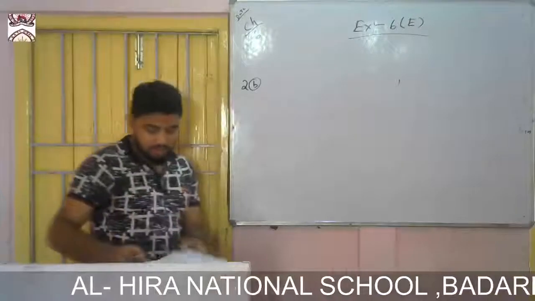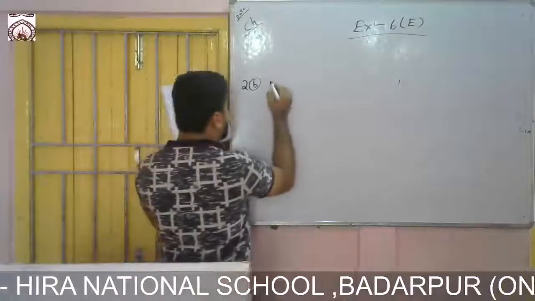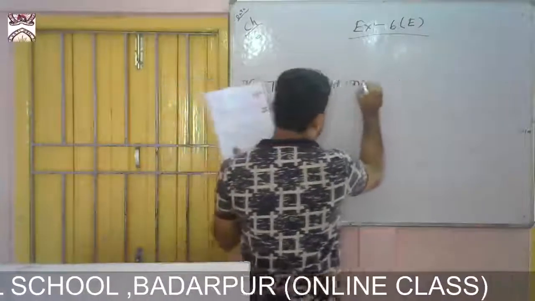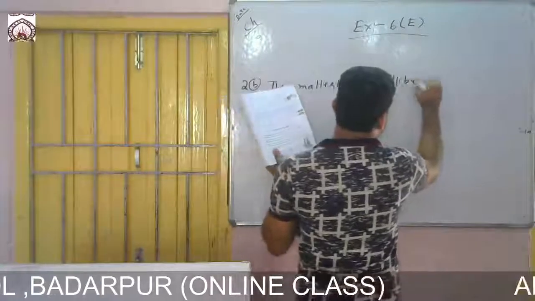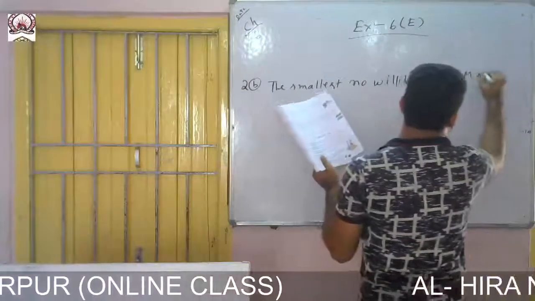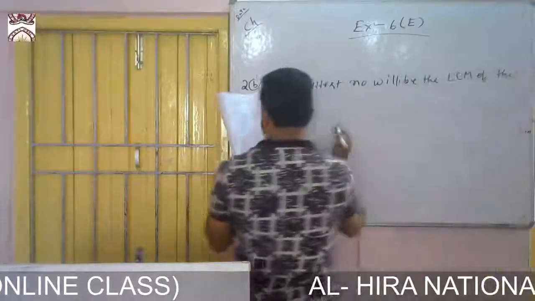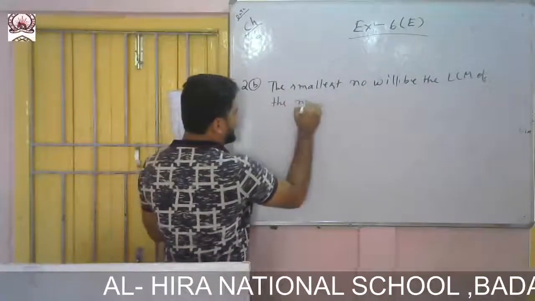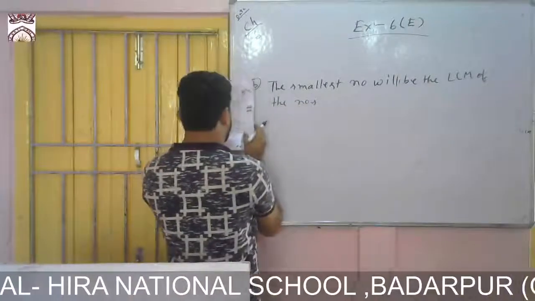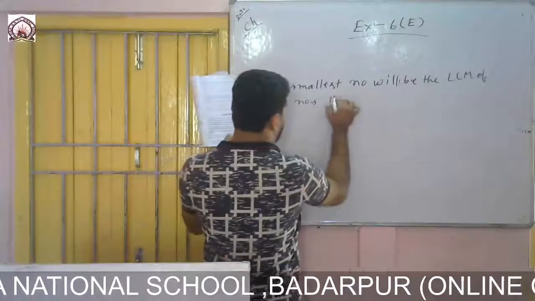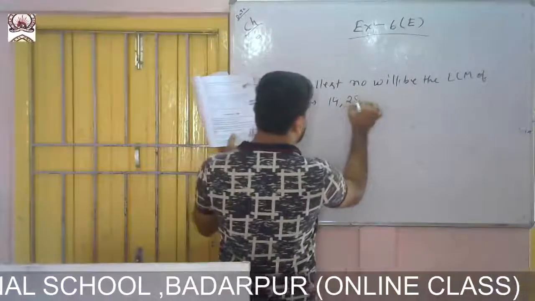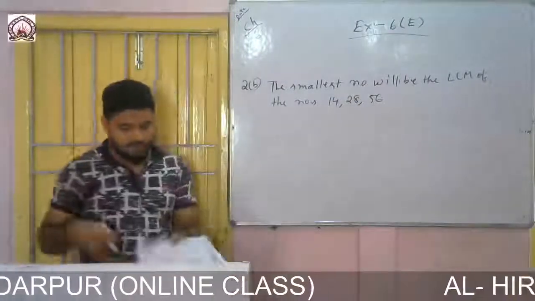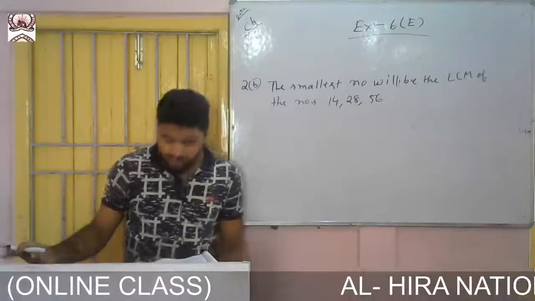So write, as like earlier, the smallest number will be the LCM of the numbers 14, 28, 56.